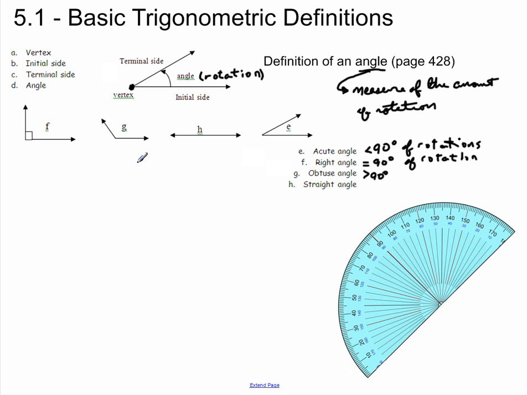And a straight angle, right? So here's our obtuse angle. Here's our right angle. Here's our acute angle, which leaves one more choice right here, and this is our straight angle. A straight angle is an angle that makes exactly 180 degrees of rotation.